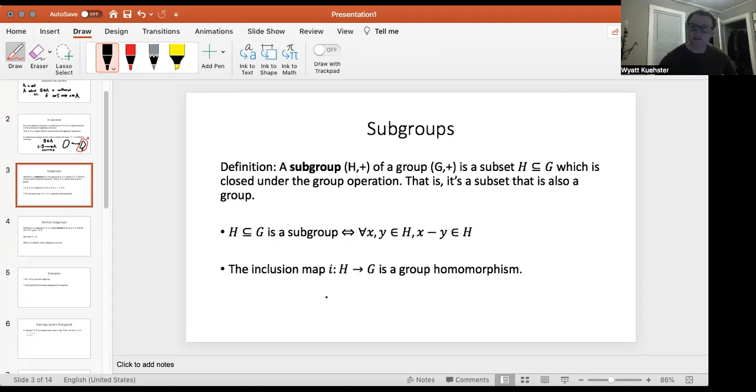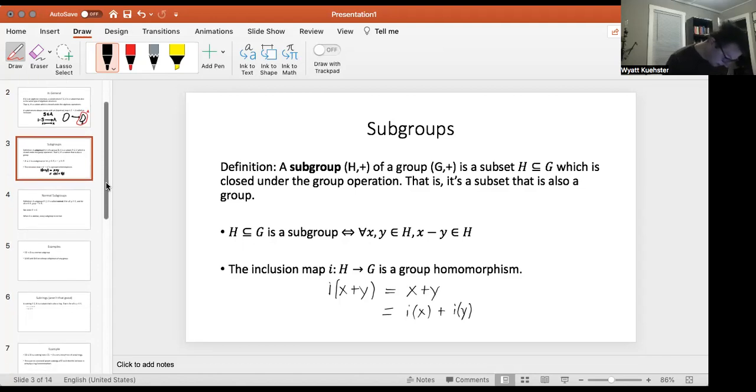And it's obvious that it's a group homomorphism because I of x plus y, well, I is invisible, it just sends this to x plus y. But again, I is invisible, so I of x equals x, and I of y equals y. So this is a group homomorphism. And that's actually all we need to check for it to be a group homomorphism. So there we go, that's the definition of a subgroup.